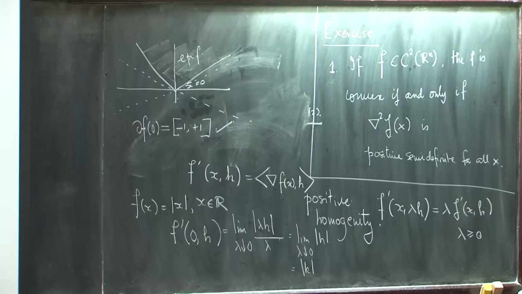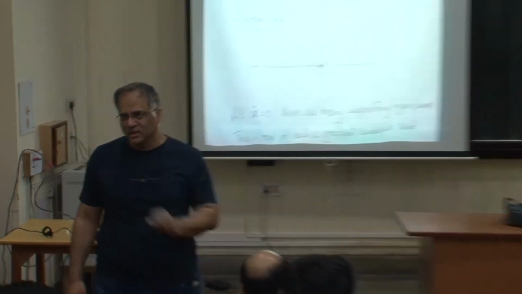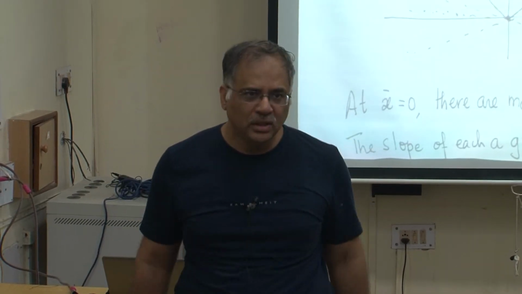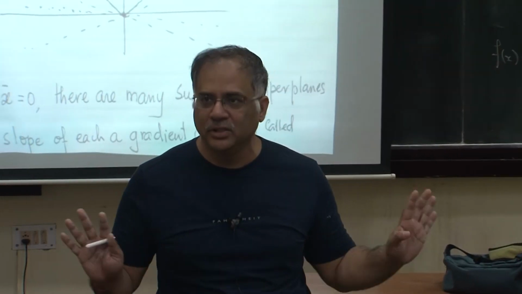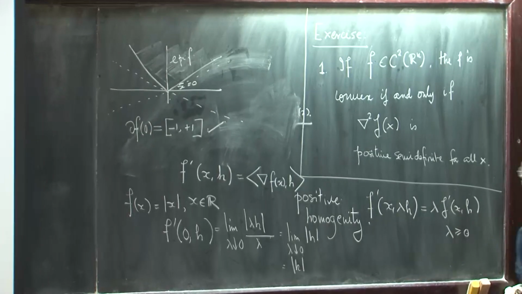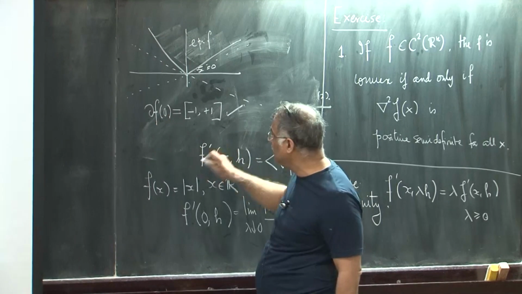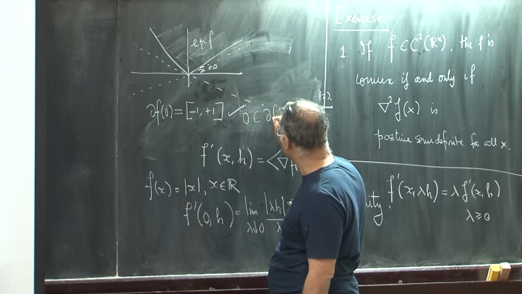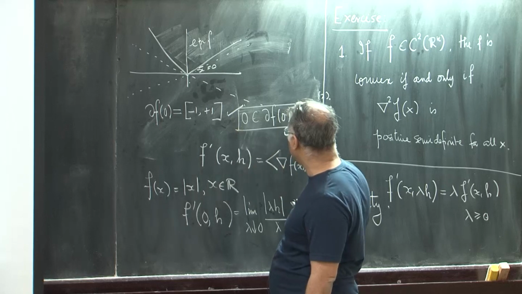Now, what is the plus point of this? At a minimizer, here 0 is the minimizer, you know the very basic rule in optimization that the derivative or gradient must be equal to 0 at that point. That is a basic necessary condition. Here at x bar equal to 0 you do not have the gradient, you have what is called a subdifferential, but you always have this fact: 0 is an element of it.